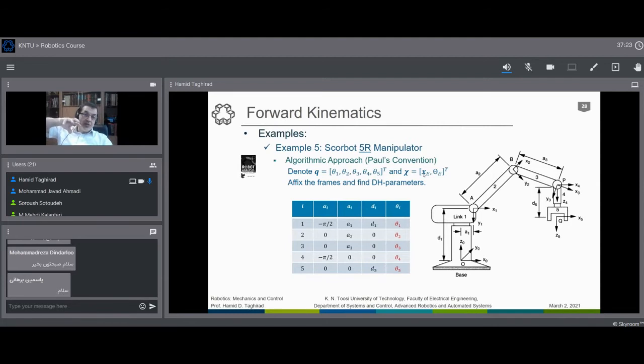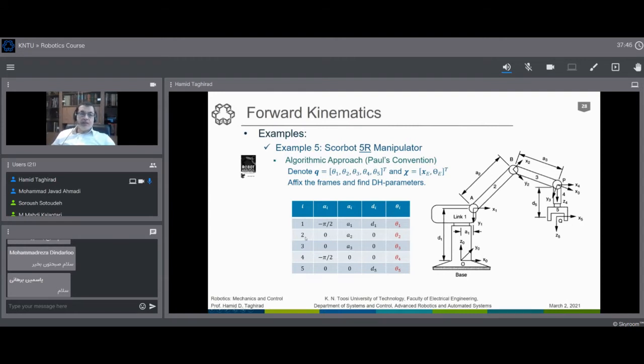So consider that you are doing drilling or something, so you don't need to have rotation about the last axis, and 5 degrees of freedom is sufficient for many applications that we have shown in the first session of the class. We have the parameters, then the rest is quite simple and arithmetic.